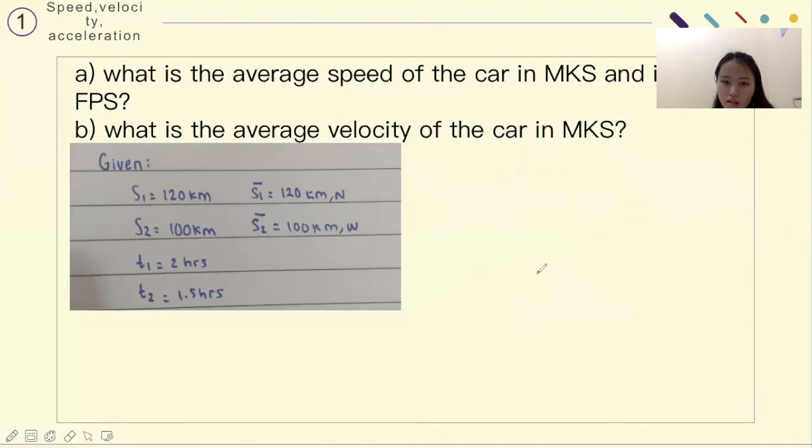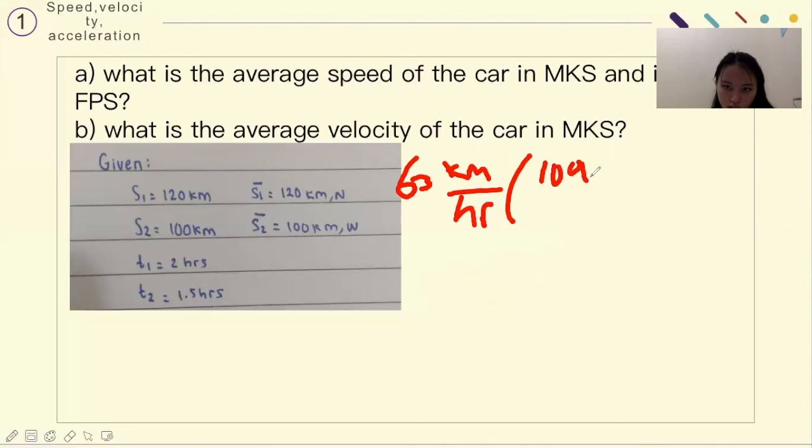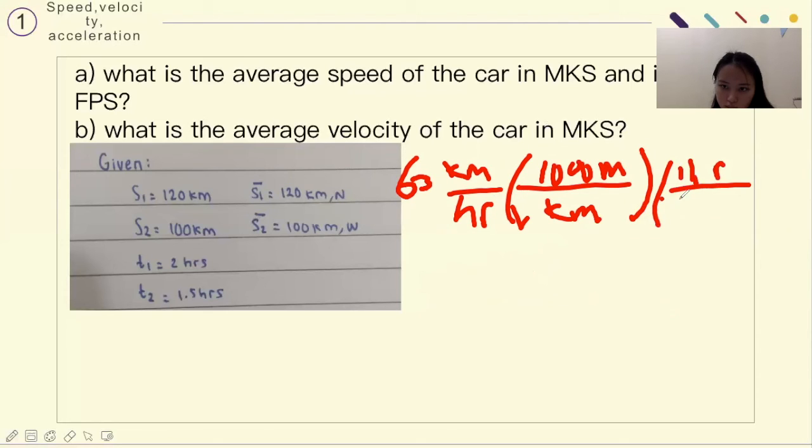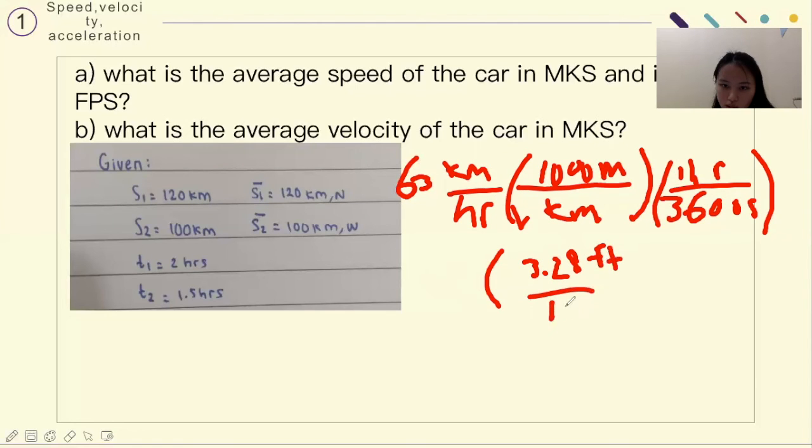And then in FPS, you need to multiply 63 km per hour by 1,000 meters per 1 kilometer, then by 1 hour over 3,600 seconds, and then multiply again by 3.28 feet over 1 meter.